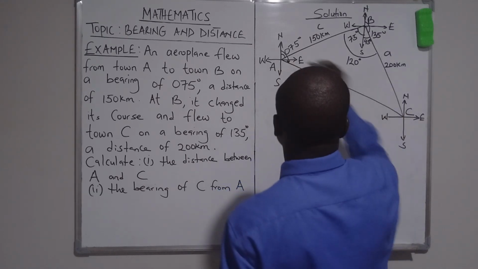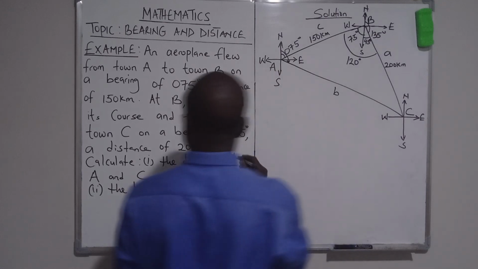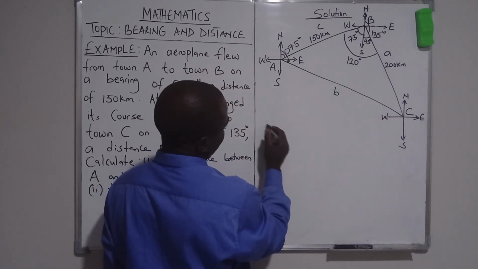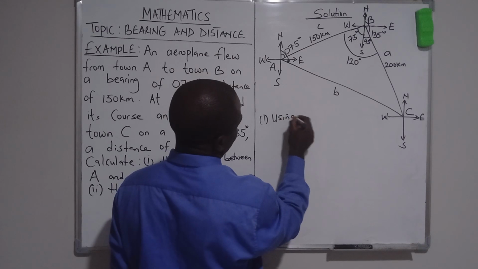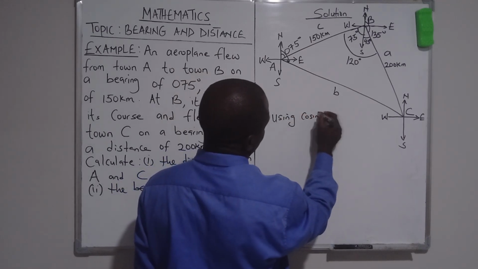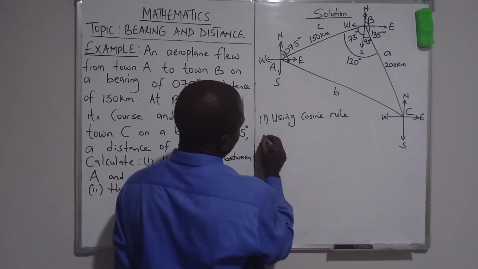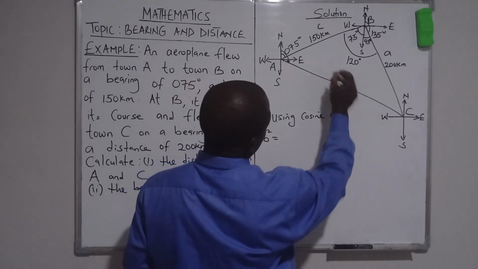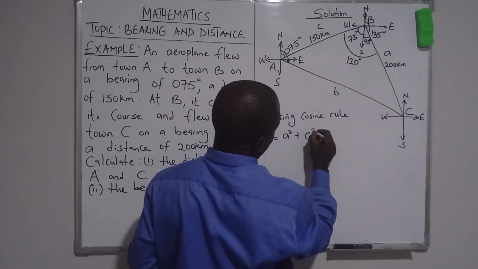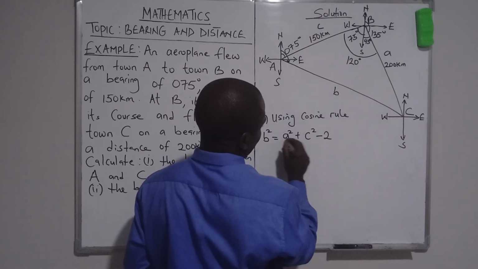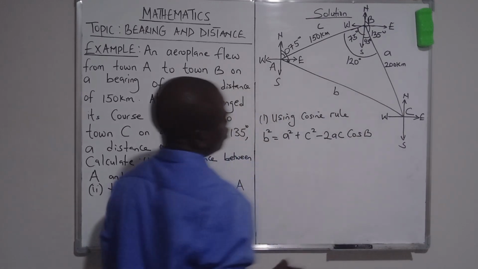That's the bearing of C from A. Before then, let's use the cosine rule to get the distance between A and C. Here's the cosine rule: b squared equals a squared plus c squared minus 2ac cos capital B.